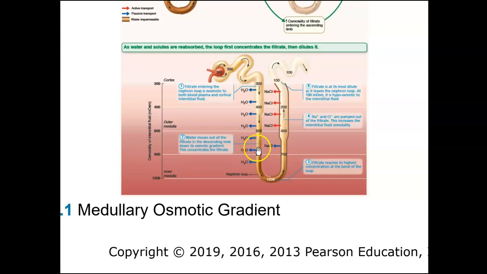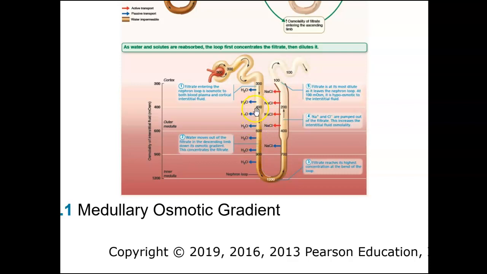It's 900 milliosmoles at this level in the descending limb and 700 in the ascending limb. So this is high, this is low. The 900 is high, the 700 is low. And they're at the same level, so that is going to cause solutes to want to leave.